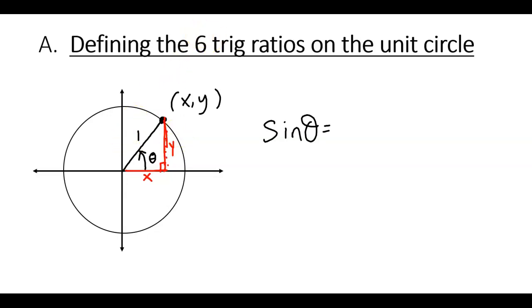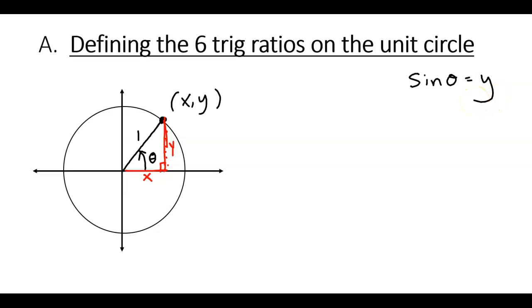So opposite over hypotenuse would be y over 1. But y over 1 just equals y, doesn't it? So this is what I would like you to write, because we're going to start making a record of this. Sine of theta equals y.